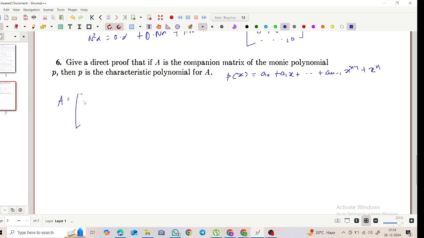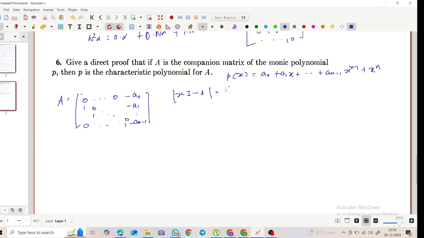So what is the companion matrix? We will just have to write down the coefficients in this order, and then 1 in the lower diagonal. That's it. Okay, 0 everywhere else. So let's try to compute the characteristic polynomial for this. So let's try to compute the determinant of xI minus A.